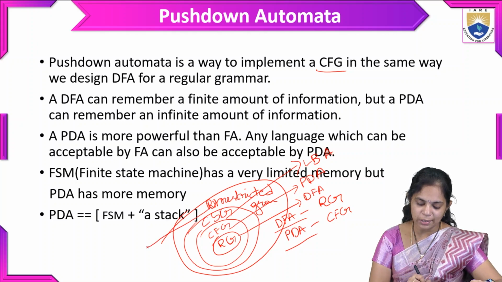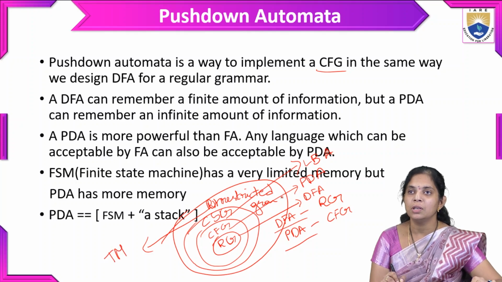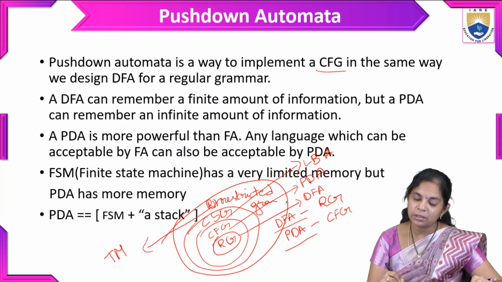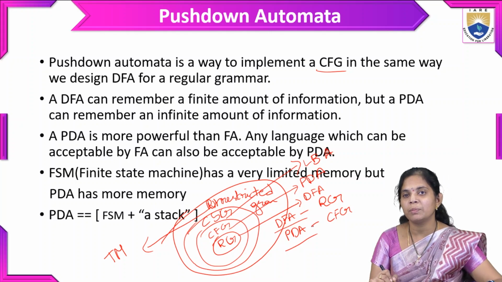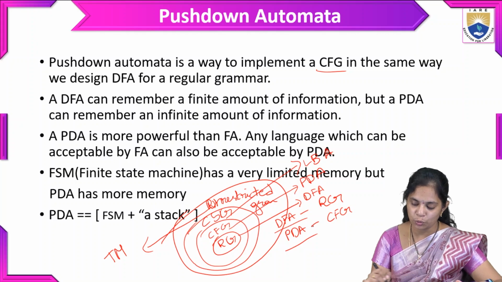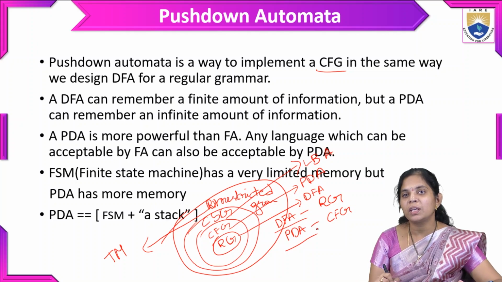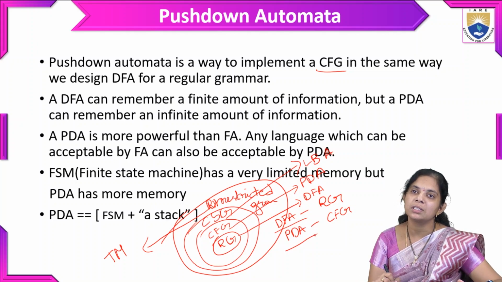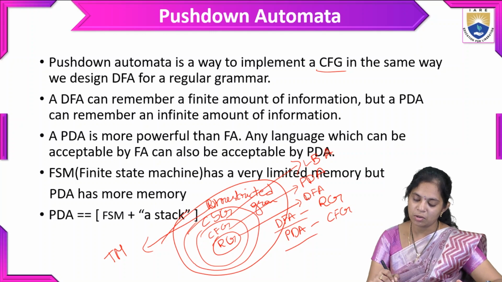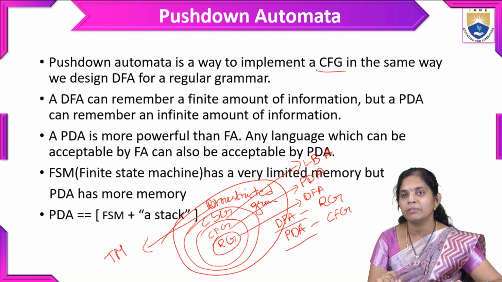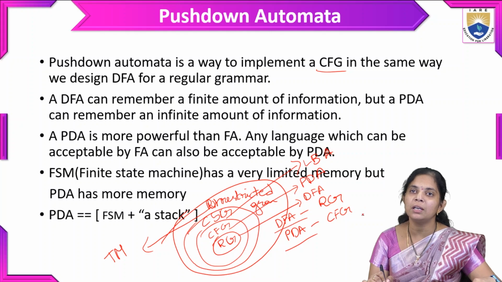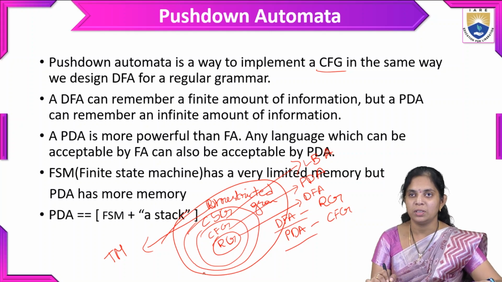And coming to the unrestricted grammar, we can build the Turing machines. So these are the different types of grammars in the formal languages, and with these grammars we can generate the models or machines.